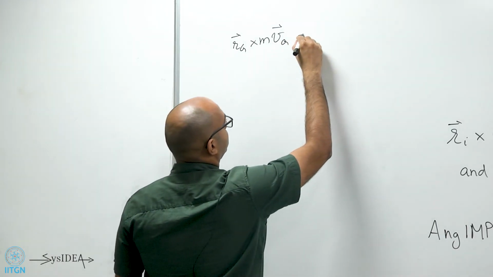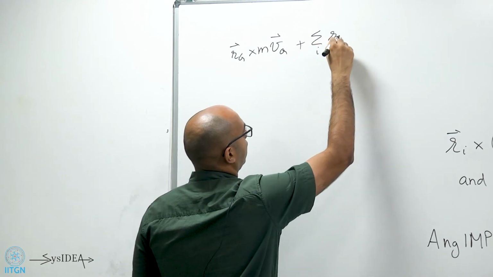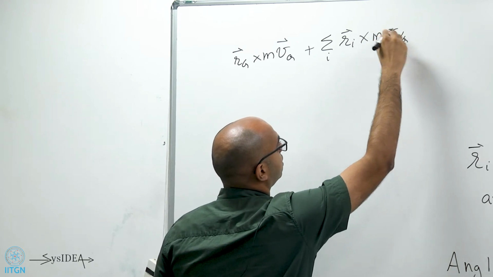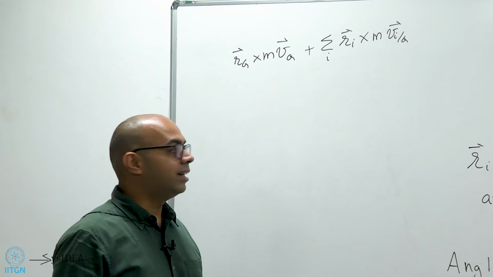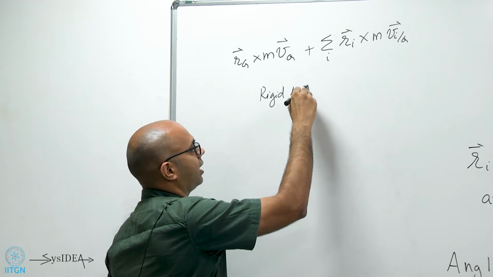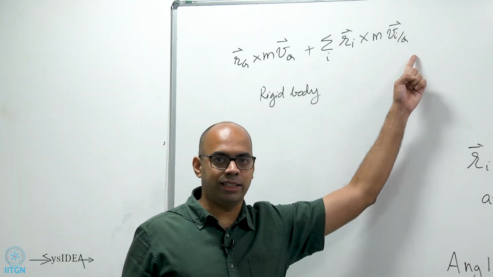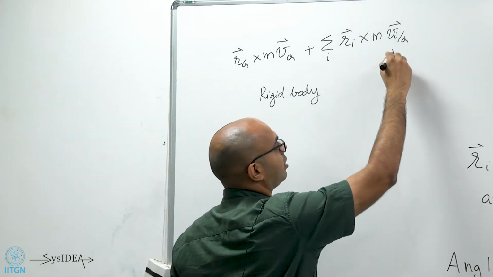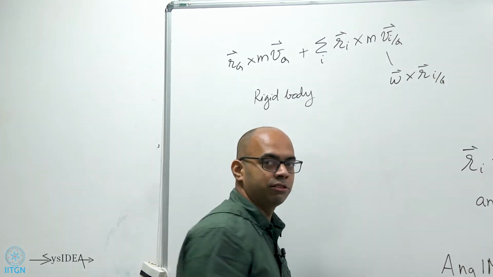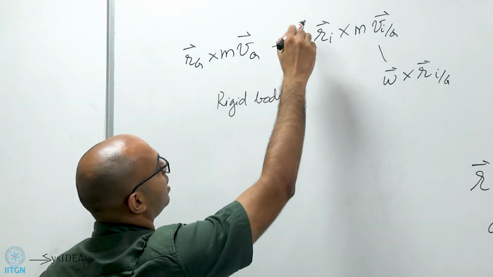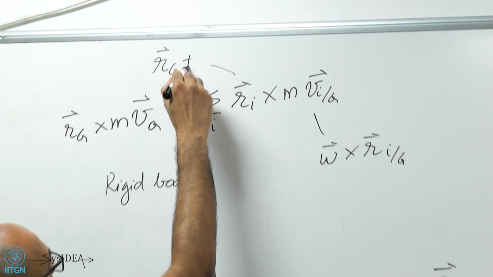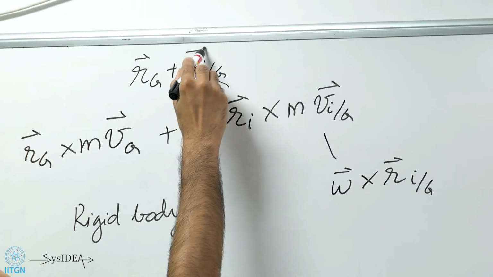So the second term is sum over i Ri cross with m Vi/g. Now here let's do two things. Let's assume we are dealing with a rigid body, and in case of rigid body, the distance between i and g is fixed. So this velocity simply becomes omega cross Ri with respect to g, and this Ri we can further write as Rg plus Ri with respect to g.